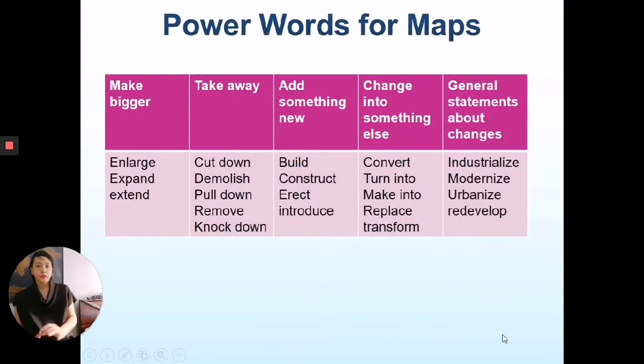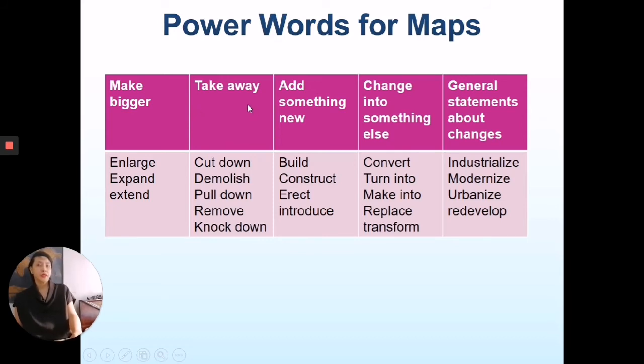And then when you're describing maps, try to use a lot of power words. So here are some ways of how you can describe different changes. In the first column, to make something bigger, you can say to enlarge the space, or the fields were expanded or extended, have been extended.